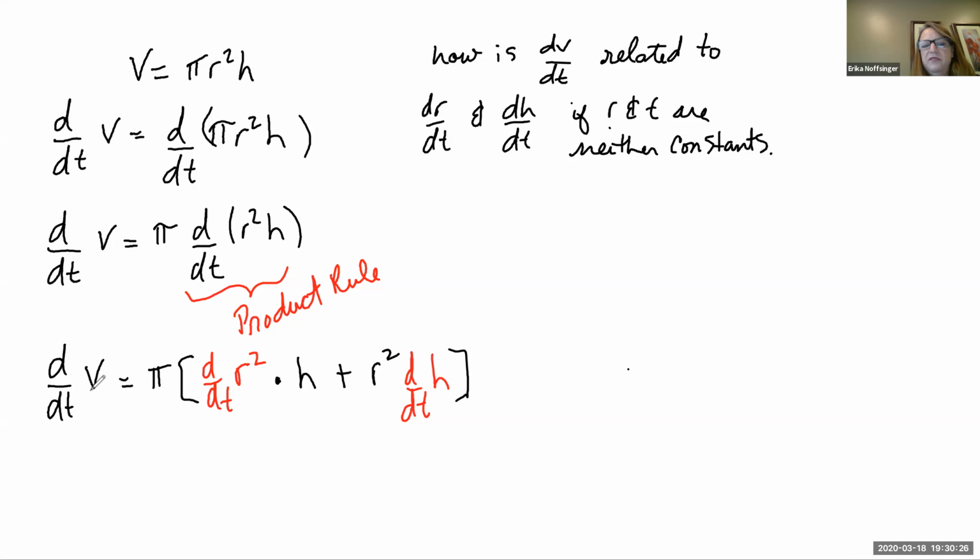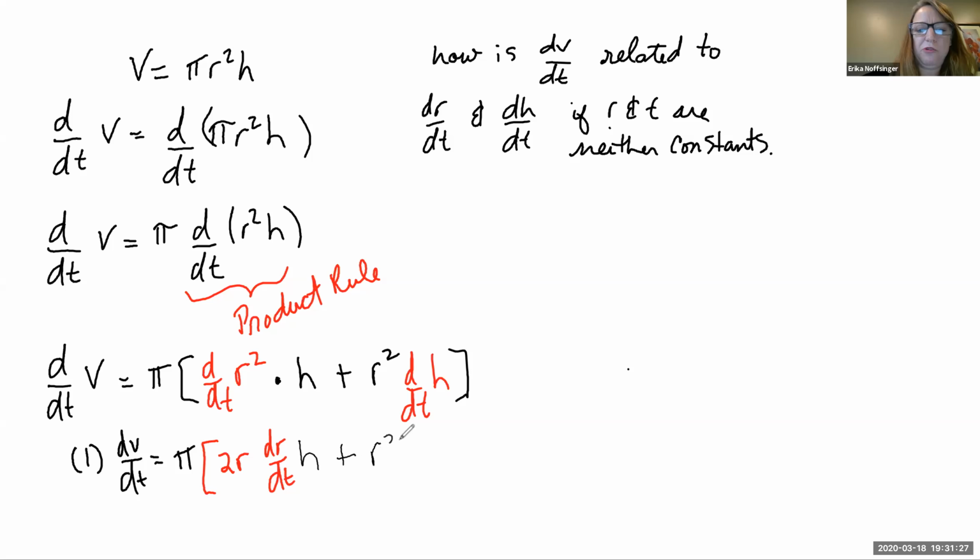Okay, so the derivative of V with respect to t, well, the derivative of V is 1, dV/dt is equal to pi times, so the derivative of r squared with respect to t is 2r, but this is dr/dt, times h, the second, plus the first, which is r squared, and the derivative of h.